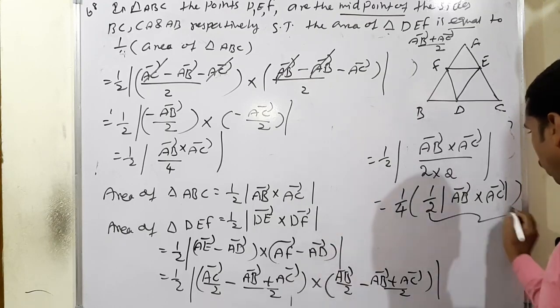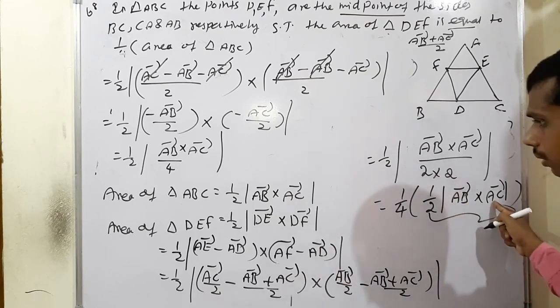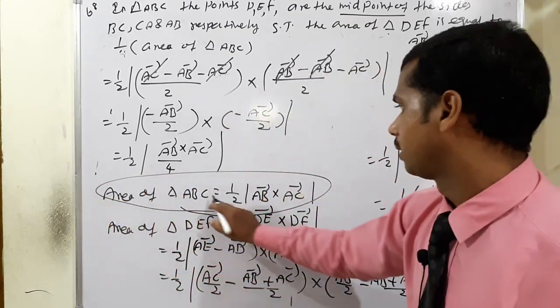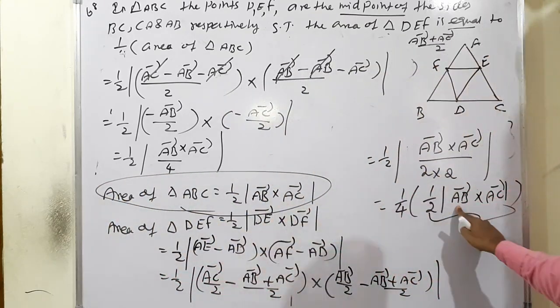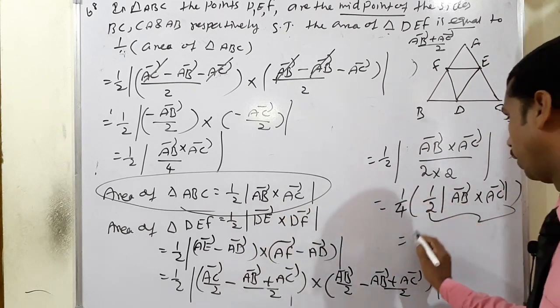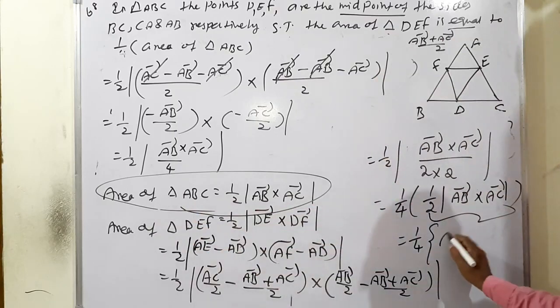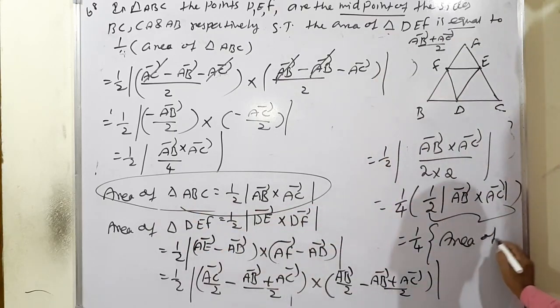Now what is the meaning of 1 by 2 into AB vector cross AC vector? Look at the bigger triangle: area of triangle ABC is equal to 1 by 2 into AB vector cross AC vector. Therefore we can write it as 1 by 4 of the area of triangle ABC. And this is actually what?